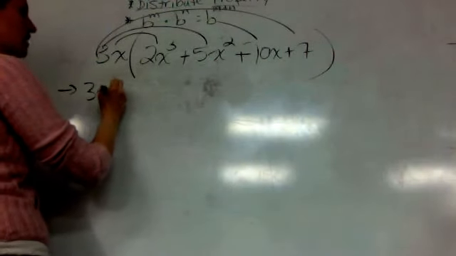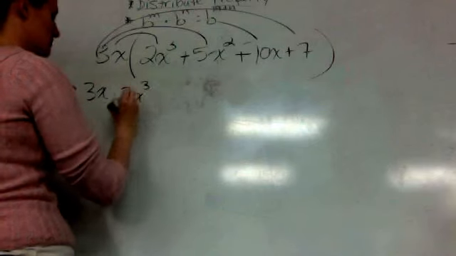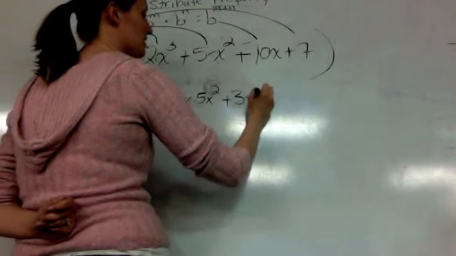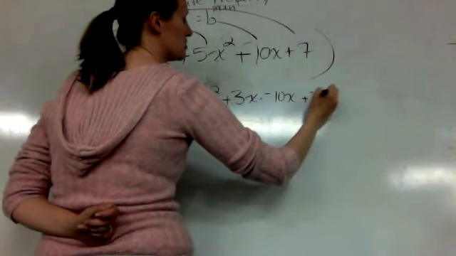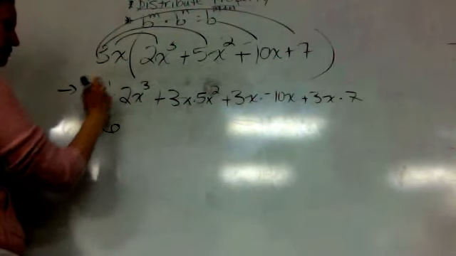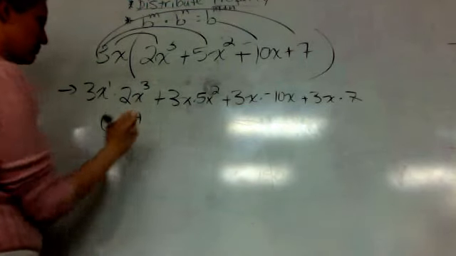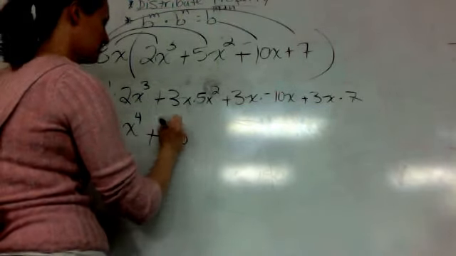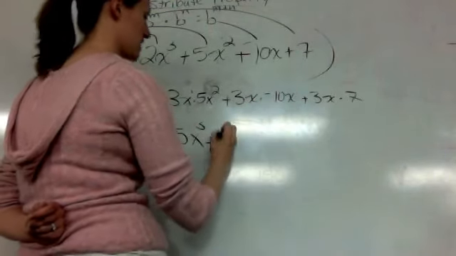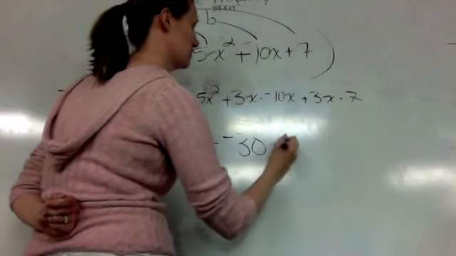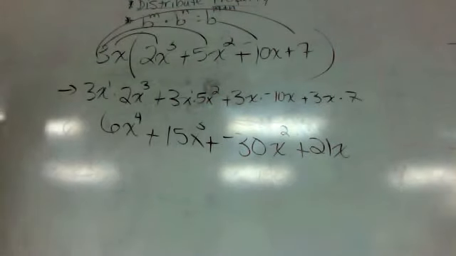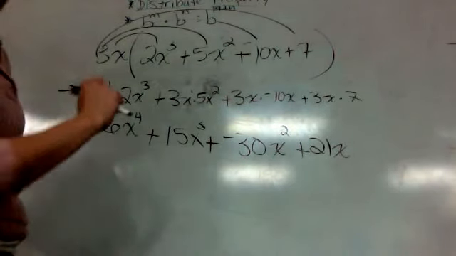But we are taking 3x times 2x to the third plus 3x times 5x squared plus 3x times negative 10x plus 3x times 7. 3 times 2 is 6. X to the first times x to the third is x to the fourth. 3 times 5 is 15. X to the first times x squared is x to the third. 3 times negative 10 is negative 30. X times x is x squared. And here is just 3x times 7, which is 21x. And so that would be your answer.